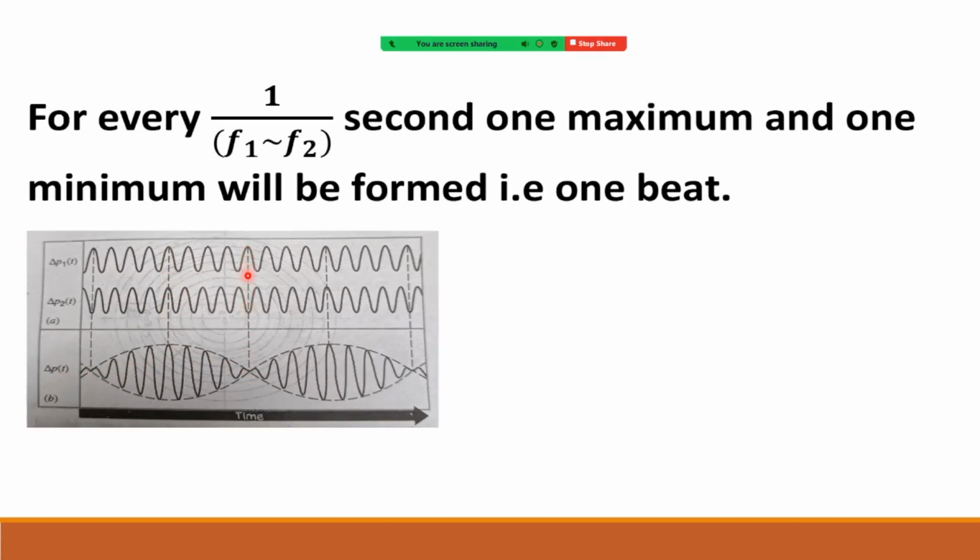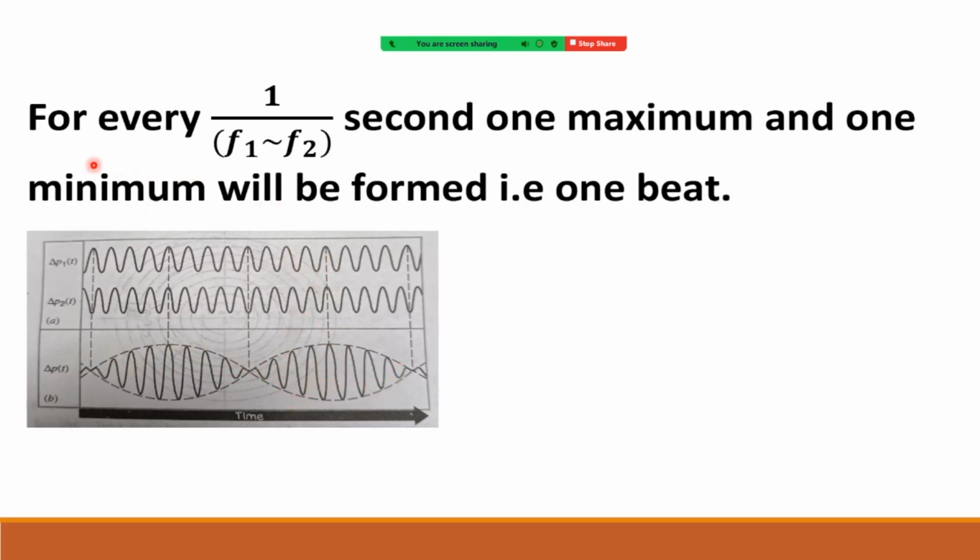Delta P is positive here, negative here, net value zero. Coming to here, delta P is positive, this also positive, so the total value is maximum. So intensity minimum, intensity maximum. This is one more beat. This is the overall wave pattern.